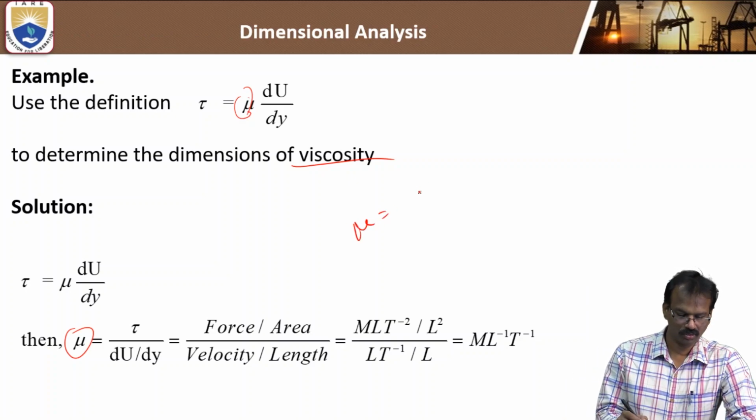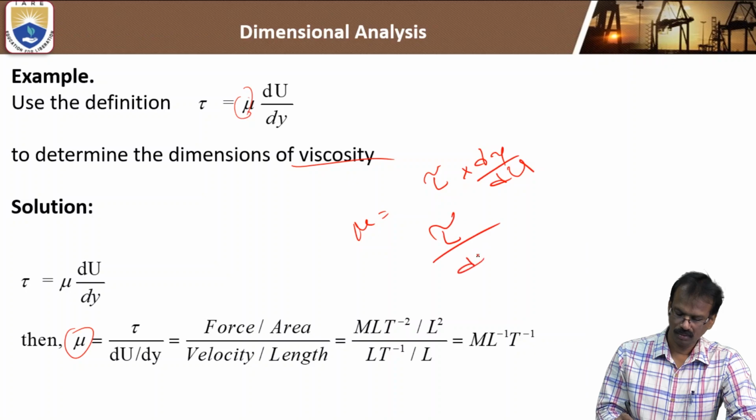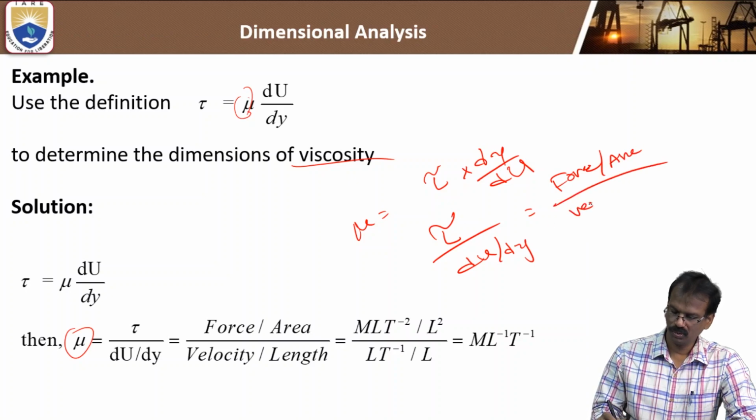Viscosity is equal to tau upon du by dy. Tau is nothing but force upon area, and du by dy is velocity by length.